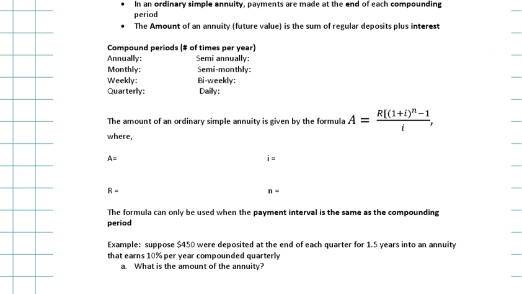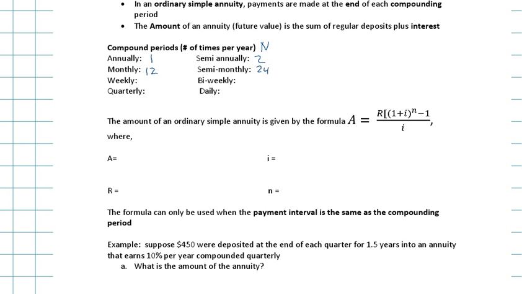So the compounding period, which we call big N. If it's annually, what would be big N? 1. Semi-annually? 2. Monthly? 12. Semi-monthly? 24, because it's twice a month, right?